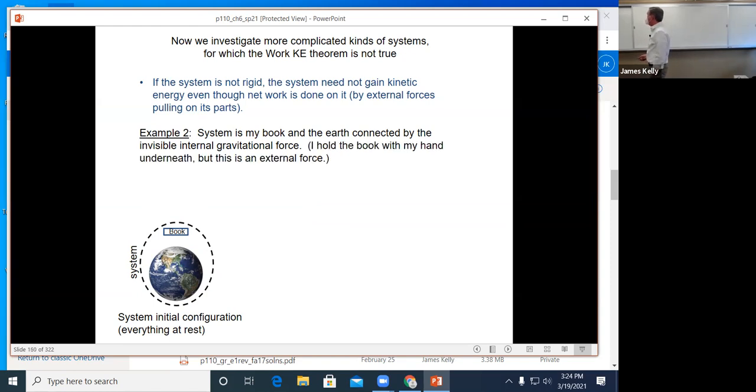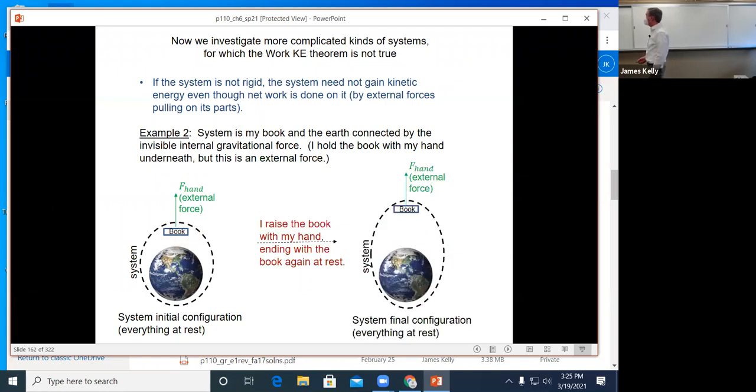Okay. And as I use my hand as an external force, I imagine here I am coming in as an astronaut. I place my hand underneath and I pull it up and raise it to a higher height above the Earth. It's not supposed to be in outer space here. We're imagining we raise it up 10 meters near the surface of Earth, but that's just how I drew it.